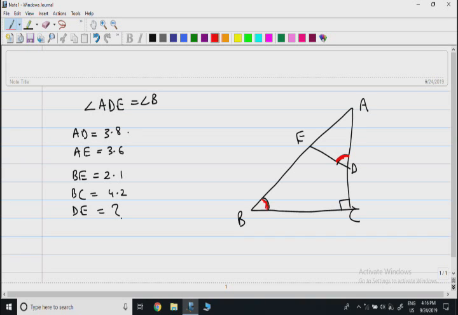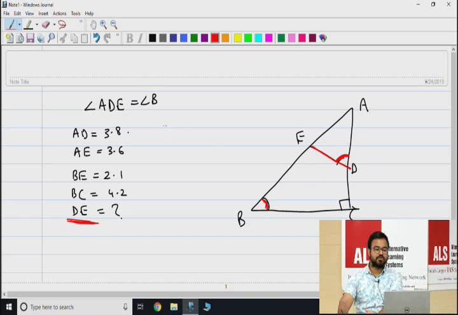See, first of all, you have to prove the triangles are similar. We are finding DE, and DE is this one side. So it is part of triangle AED, and the other triangle you can see is ABC. So you have to prove that triangle AED and triangle ABC are similar. No information regarding sides is given, but information regarding angles is given.